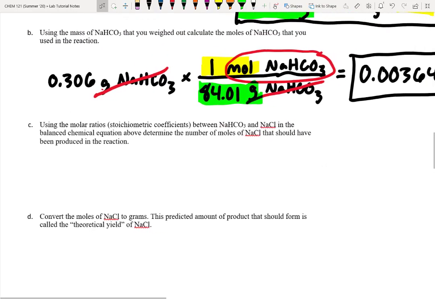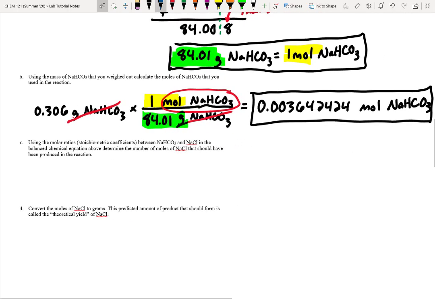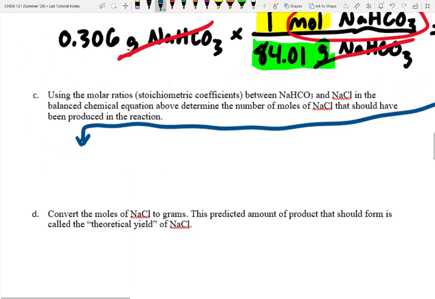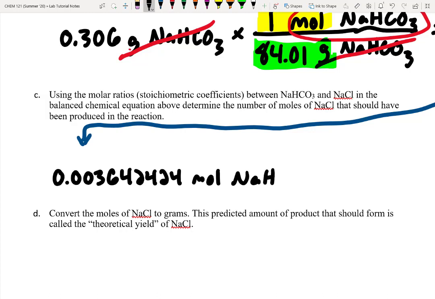Okay, so here's what I would do. I'm just going to take this number and use it as my starting point. So let's go ahead and plug this in. We know that we're working with 0.003642424 moles of NaHCO3, right?